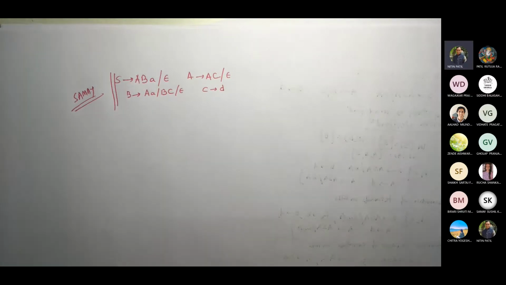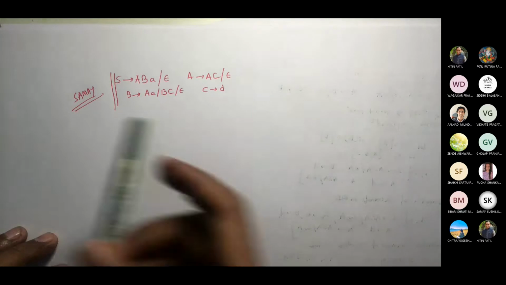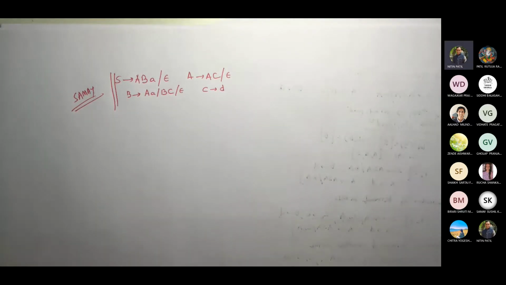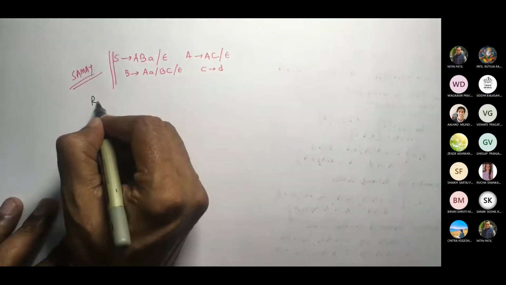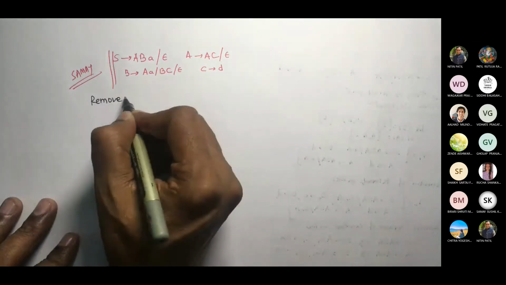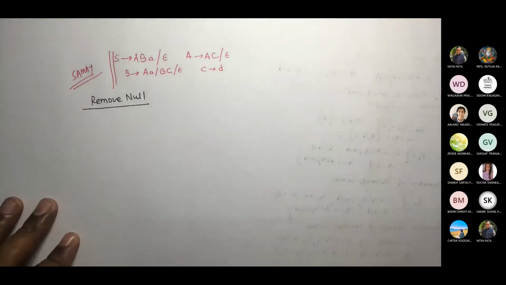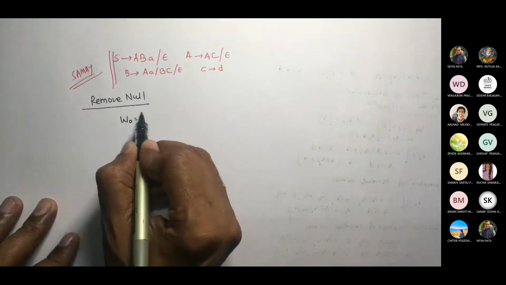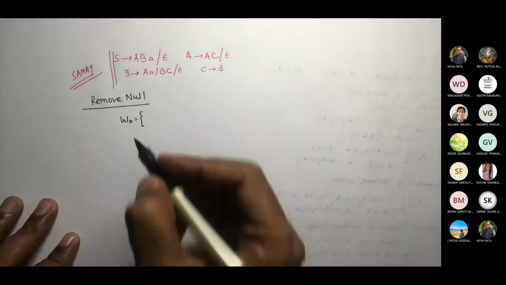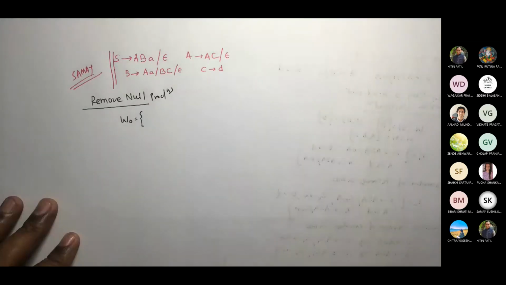Now we see that there are null productions. So first of all, what we have to do? Remove null. Correct? What would be W0? Which of these are null variables?